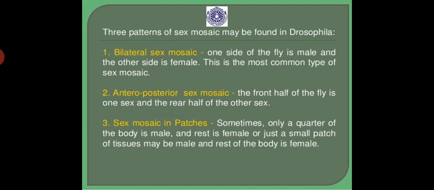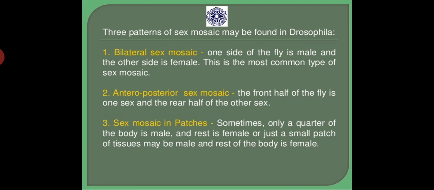There are three patterns of sex mosaics found in Drosophila. Number 1, bilateral sex mosaic. As the name suggests, one side of the fly is male and the other side is female, and this is the most common type of sex mosaic seen in Drosophila.